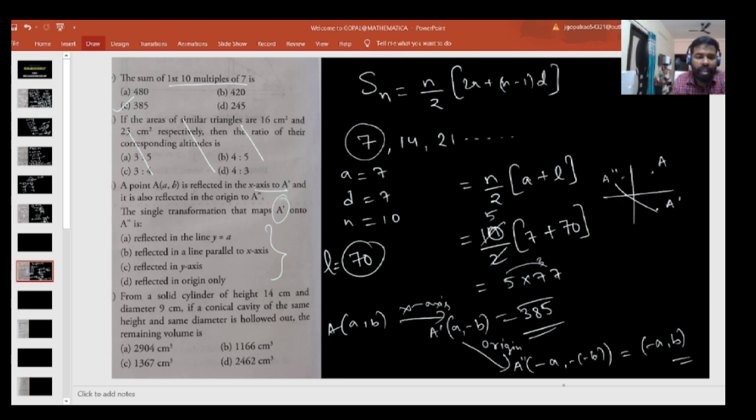So what is the single transformation from A dash to A double dash? It is the only one way, we have no other way left. So option D is the correct one, reflected in origin only, because the previous step was origin, so we have to select that only.